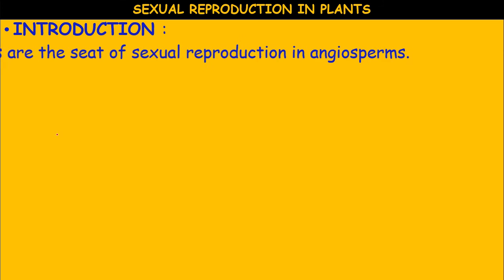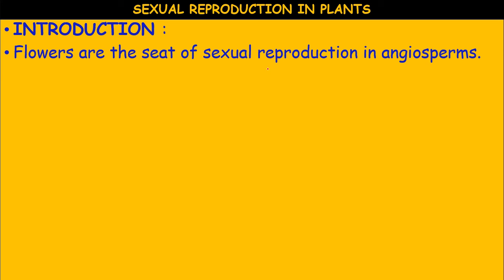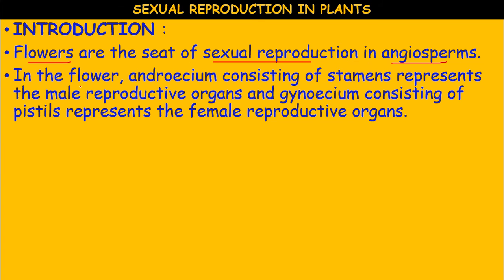Sexual reproduction in plants. The flowers are the seat of sexual reproduction in angiosperms, means flowering plants. In the flower, androecium consists of stamens, which represent the male reproductive organs, and gynoecium consists of pistil, which represents the female reproductive organs.